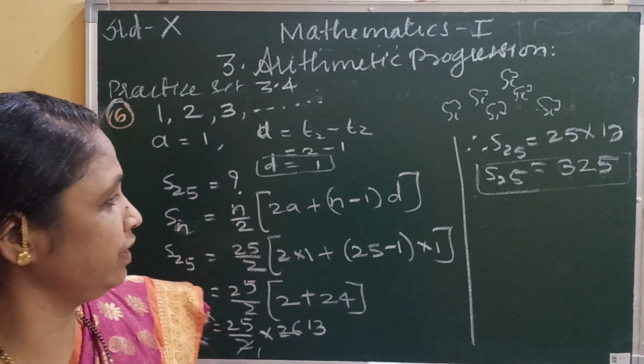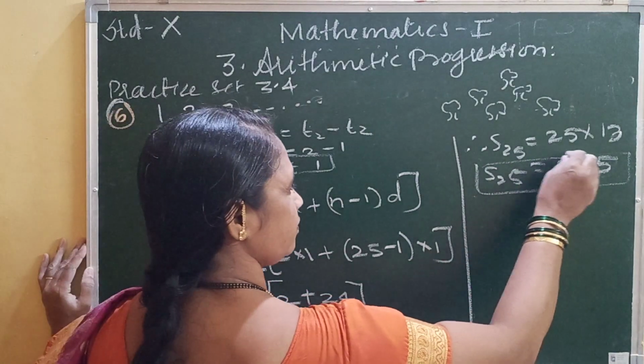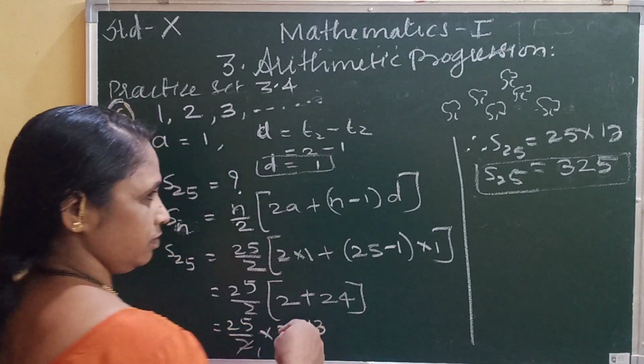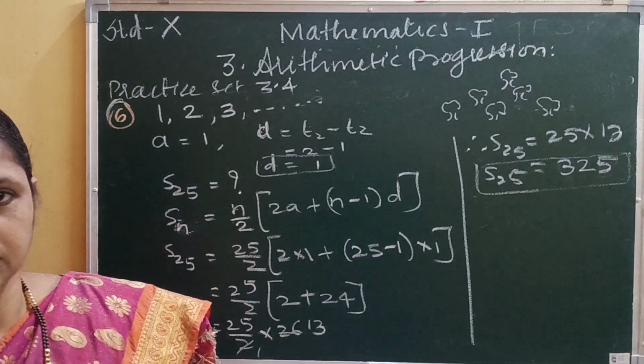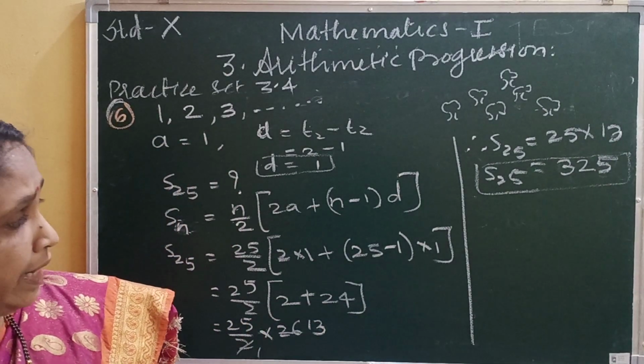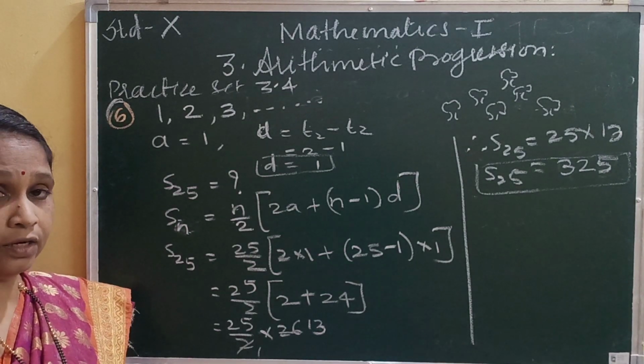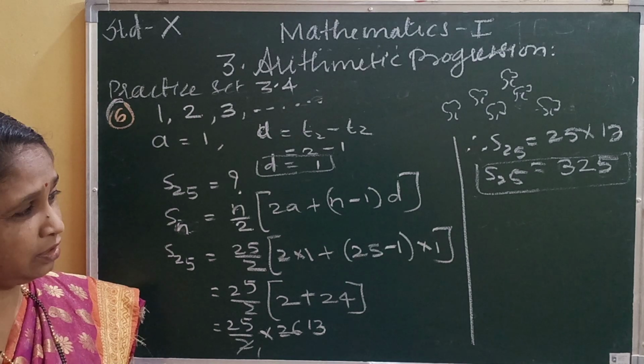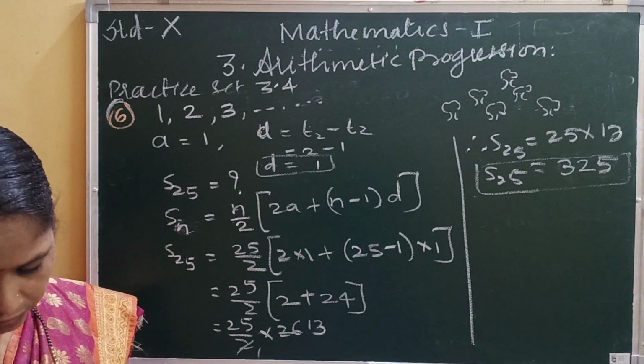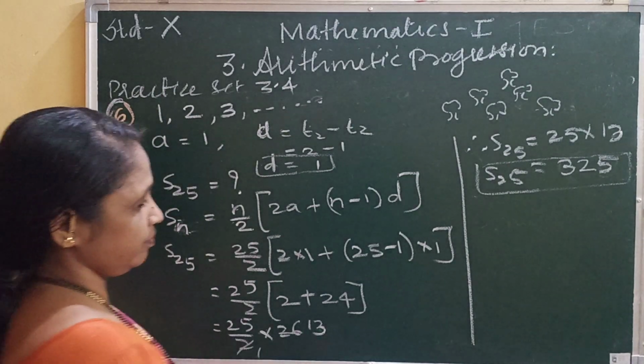Okay, 325. So the total number of trees planted, the sum of 25 rows, will be equal to 325. So 325 trees were planted.